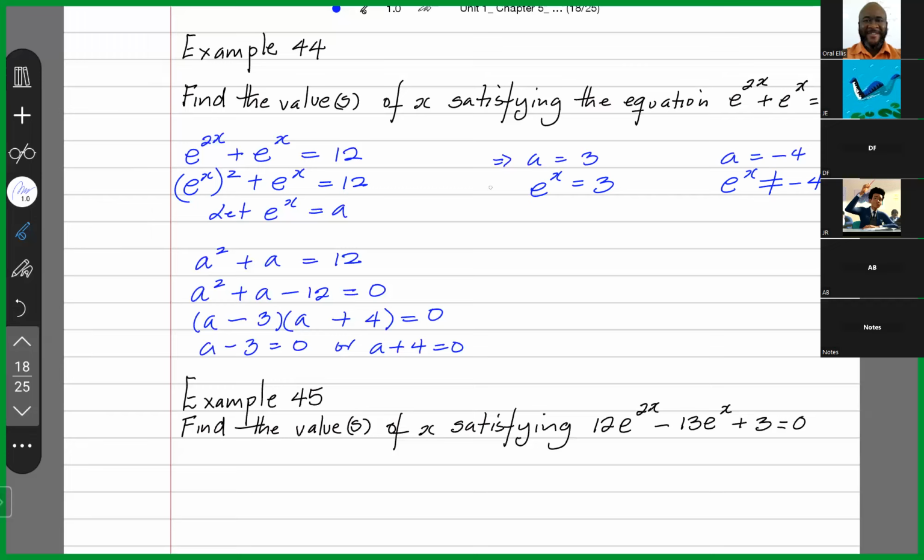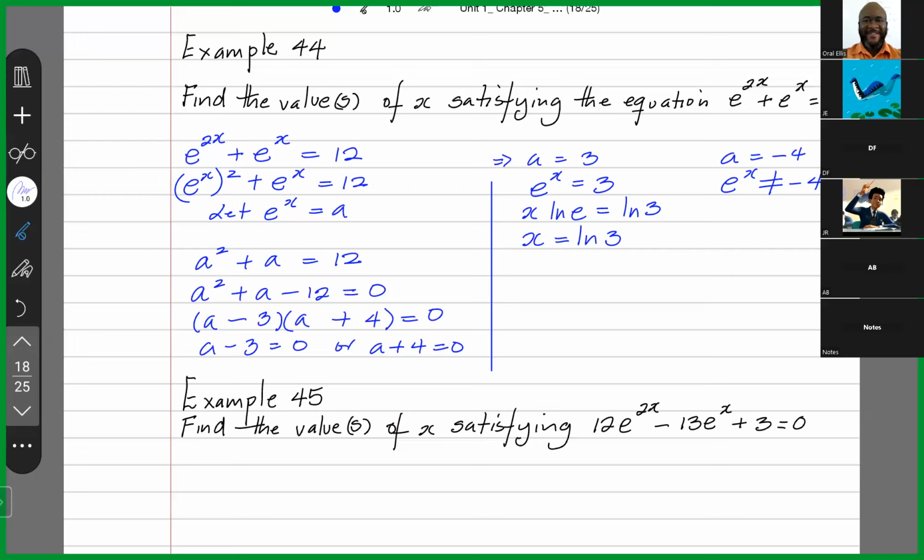If I now take log to the base e of both sides, I'm going to get x ln e is equal to ln 3. But ln e is the same as saying log to the base e of e, which is 1. So 1 times x is equal to ln 3. Now, ln 3 is your exact answer.